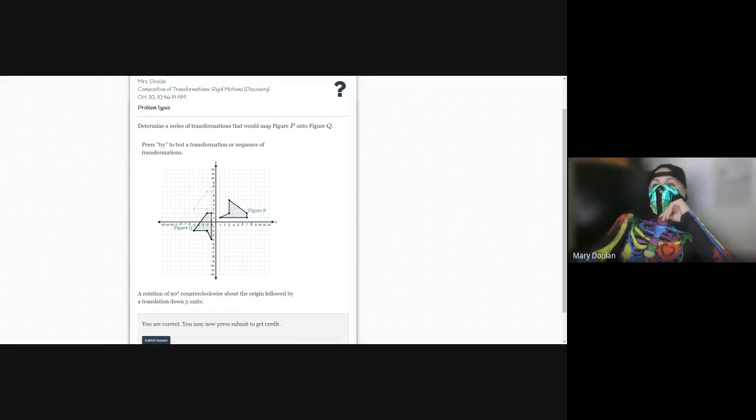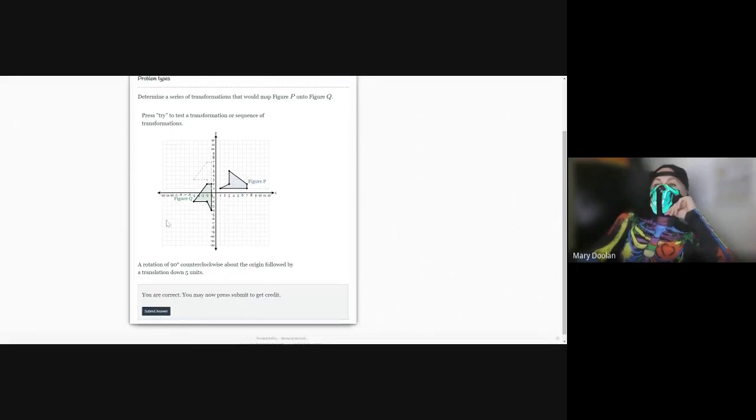That's going to put me over here. Then maybe I got to slide it down. So, translation, I don't know how far. Let's try 5 units and see what happens. It's going to show you, and then either you're right or you're wrong. Oh, I got it right on the first try. I wasn't expecting to get it right on the first try, but if I didn't, it's okay. You can go back and adjust it.